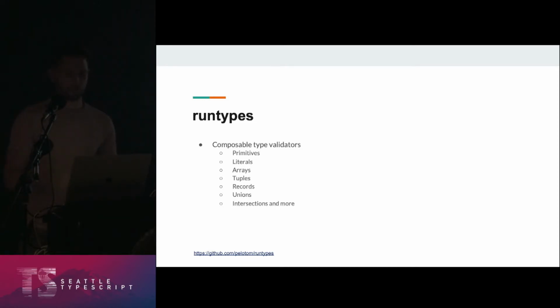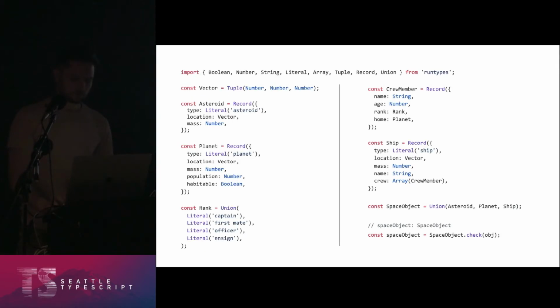So there'll be validators for primitives like numbers and strings, and then literals like enums, arrays, tuples. Records would be just basically an interface that has all the properties of different kinds. And then unions, which I guess join records together, and then intersections and more.